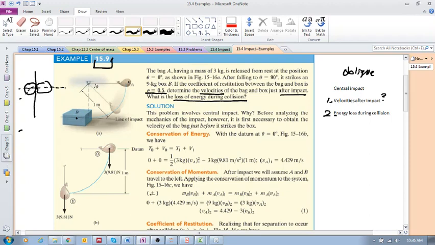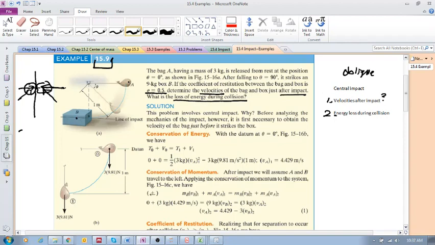If this particle is traveling in that direction and this one in that direction, there's the line of action, which is perpendicular to this plane of impact. If they're traveling at an angle, then it's oblique. But if they're traveling along those 2 lines toward each other, then it's central impact.